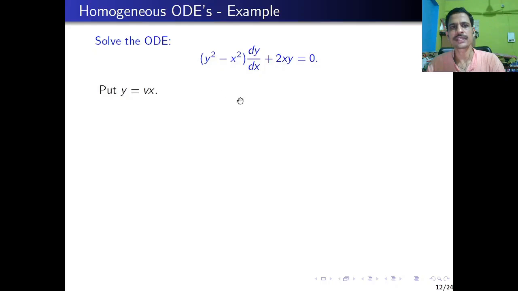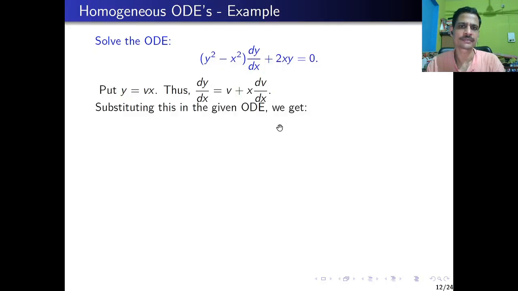That is the same as taking v to be equal to y/x. Now we differentiate this with respect to x. What we get is dy/dx is equal to v plus x times dv/dx. That is what was illustrated in the previous slide. So we have to replace dy/dx by this particular expression, and we have to replace y by vx.